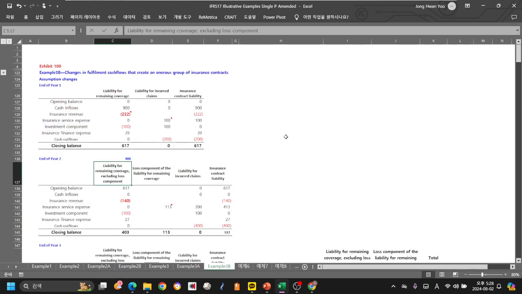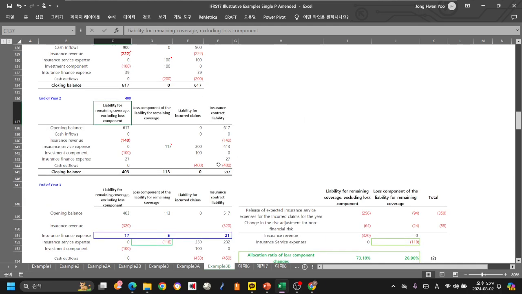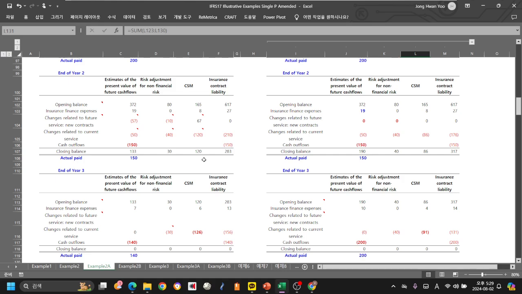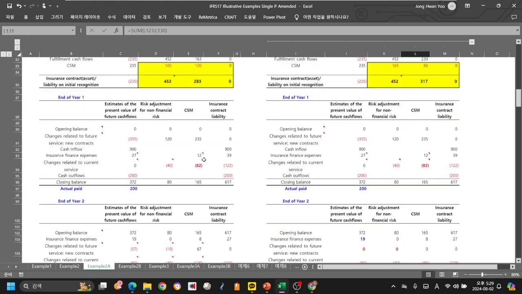And here is a serious problem. Let's say year two, year one is the same, but year two, because we change the future assumption. Let's say your future is only a third year, but still, it creates. Do you remember 113? So if I go back, it's to A, year two.